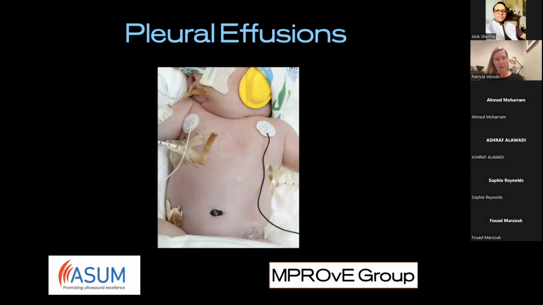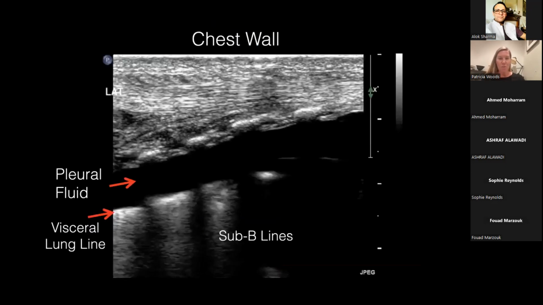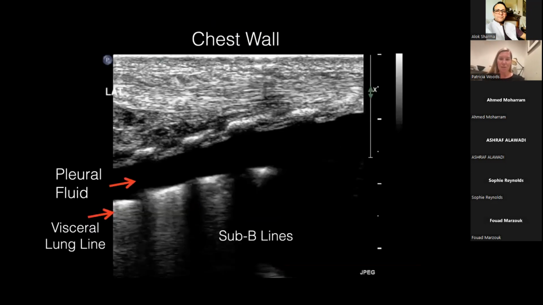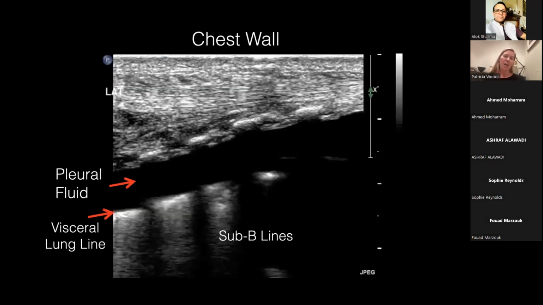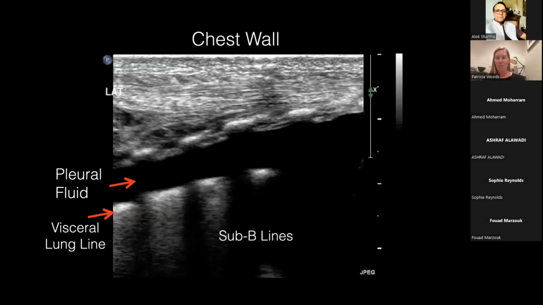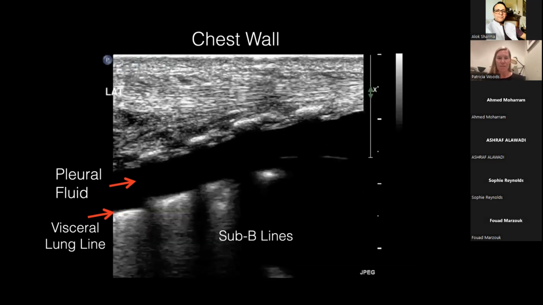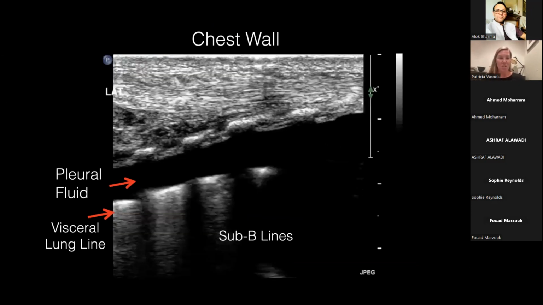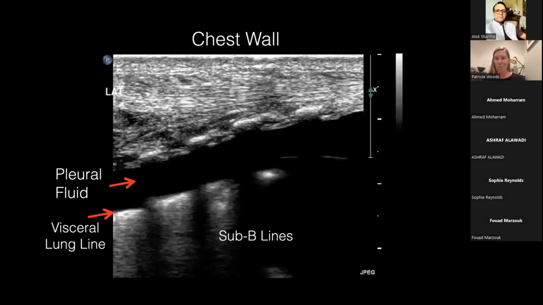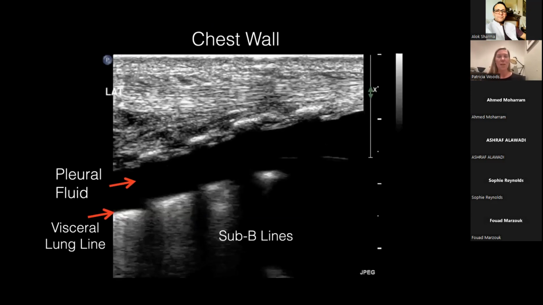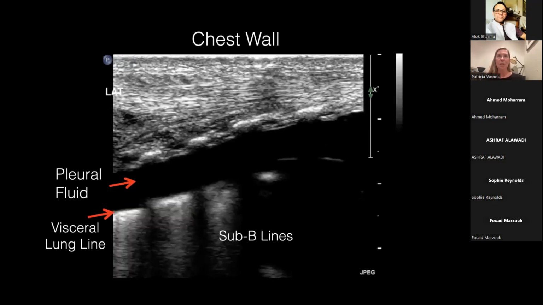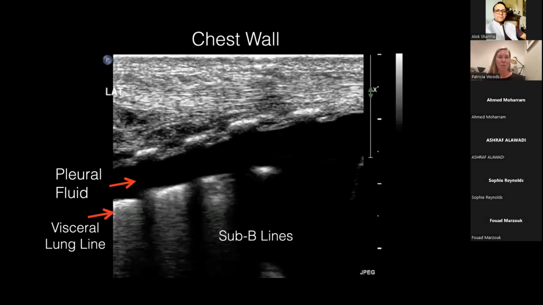One of the beautiful things here, you will notice immediately that this is a nice costophrenic view. I've done this just to really show you again with the scale down the side. One of the first things you'll see is just how generous the chest wall edema is in these babies, and that can really guide you from an understanding of the fluid third spacing that you've got going on.